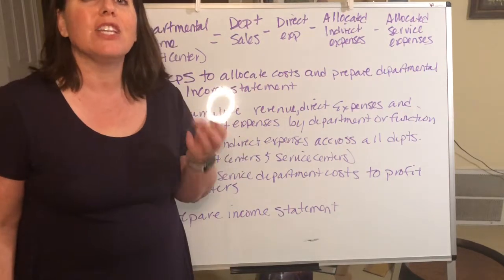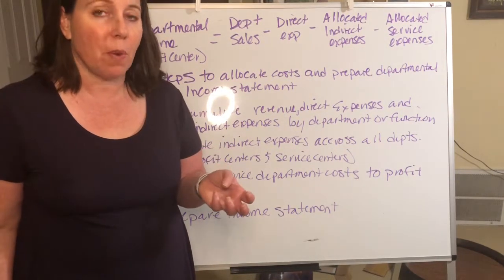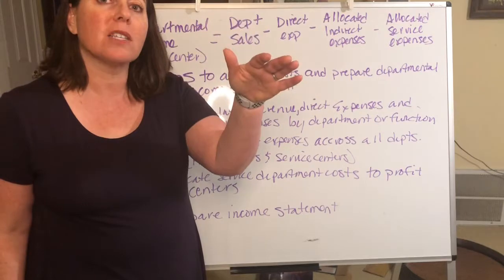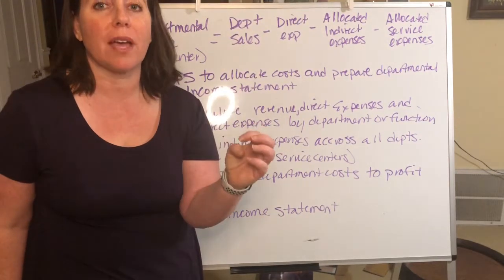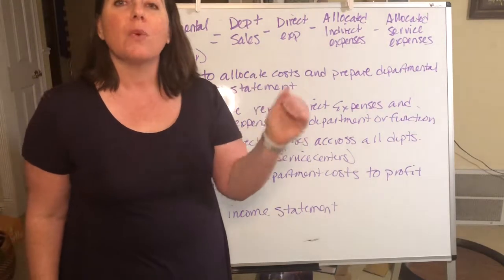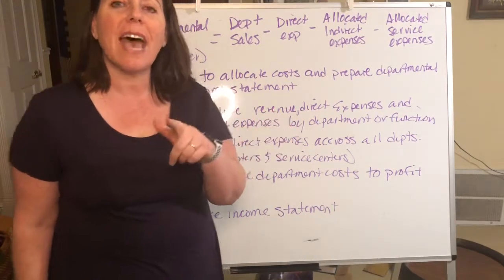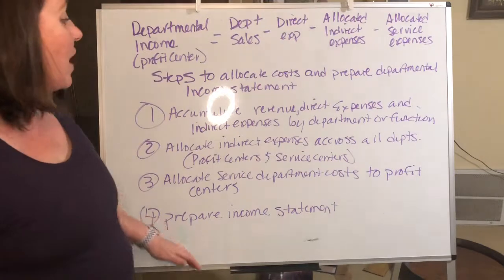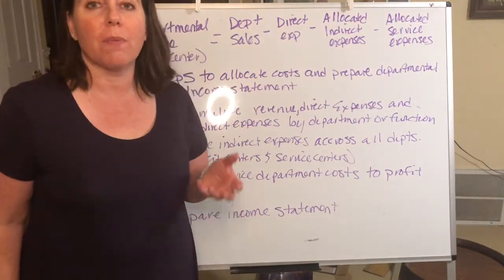That gives us a new total in those service departments, right? So now it's going to be the cost of our employees plus our indirect expenses. We take that new total, and that's the amount that we allocate when we allocate our service department costs.